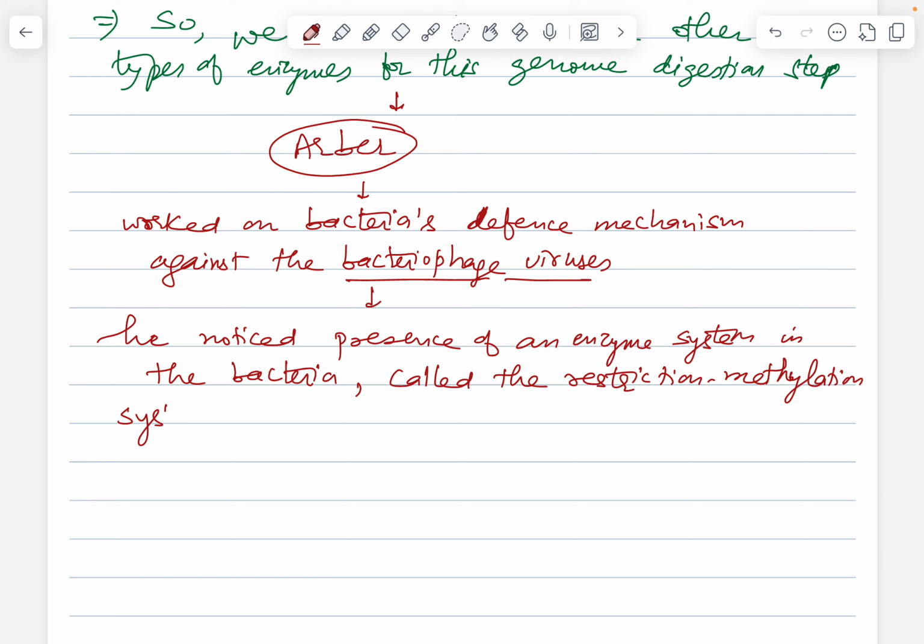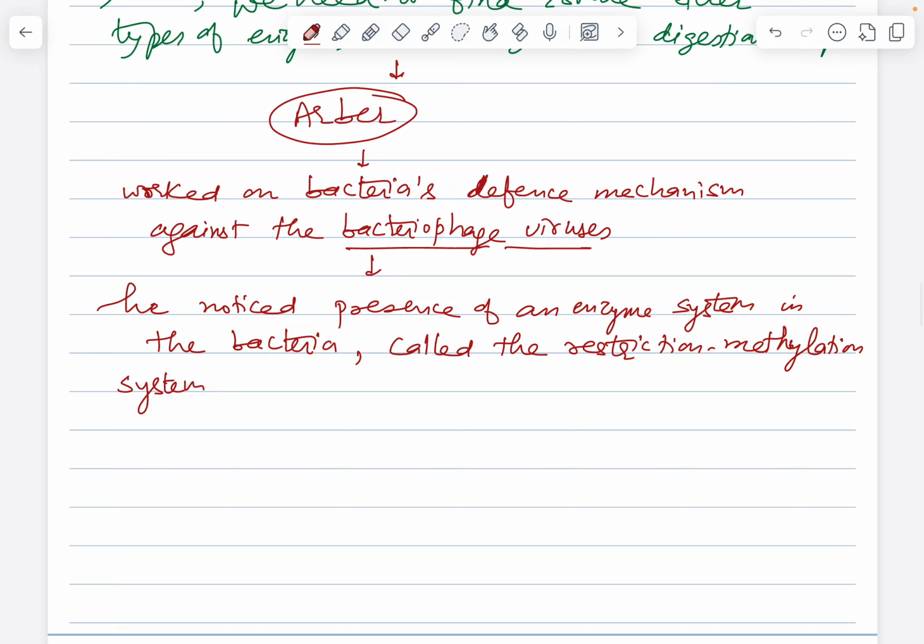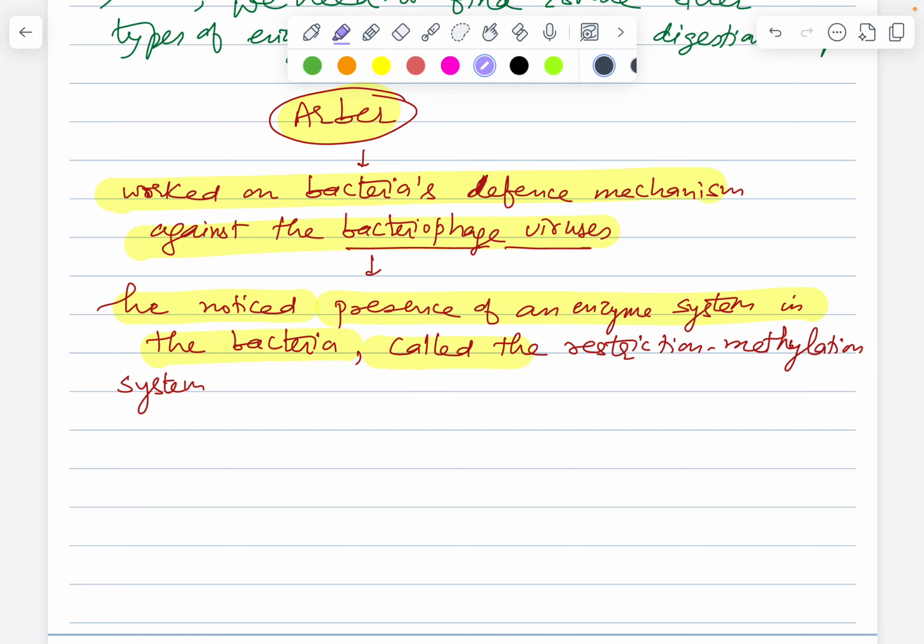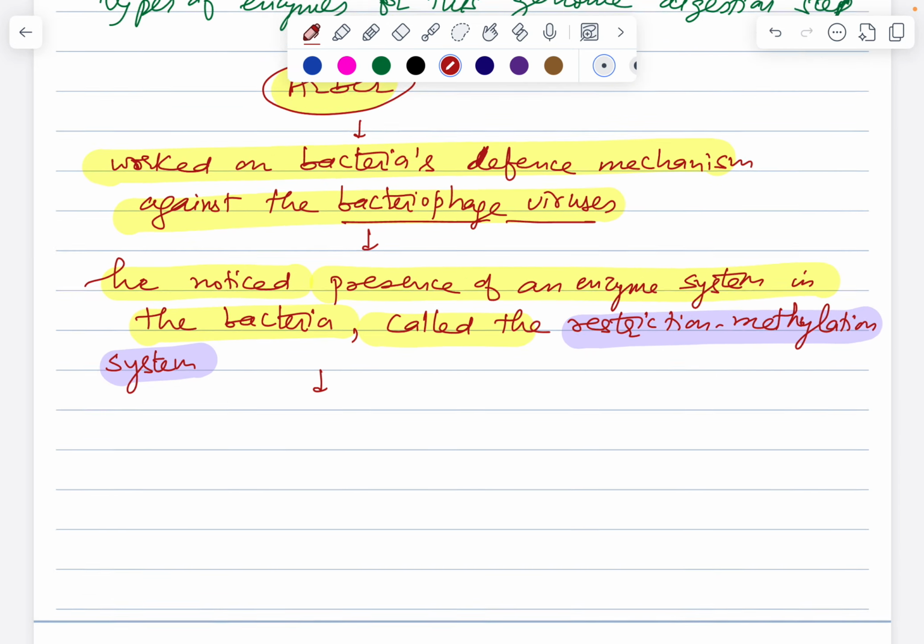Arber was working on bacteria's defense mechanism against bacteriophage viruses, trying to understand it. He noticed the presence of an enzyme system in the bacteria called the restriction methylation system. What exactly was this system?